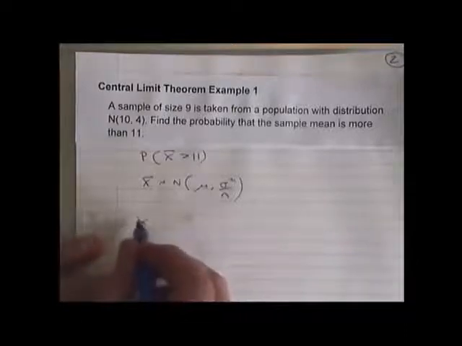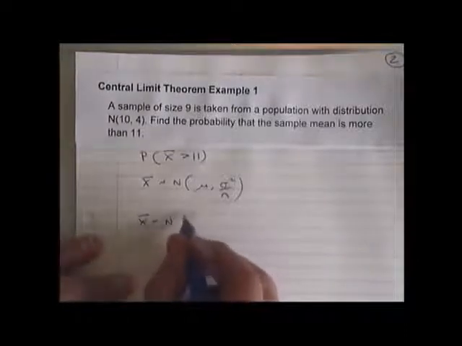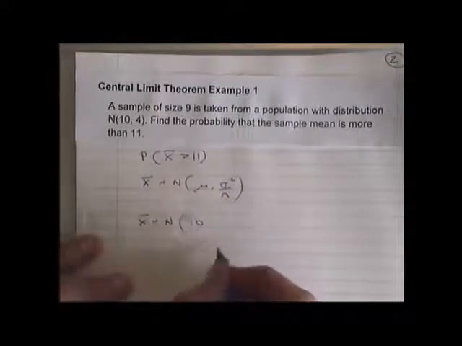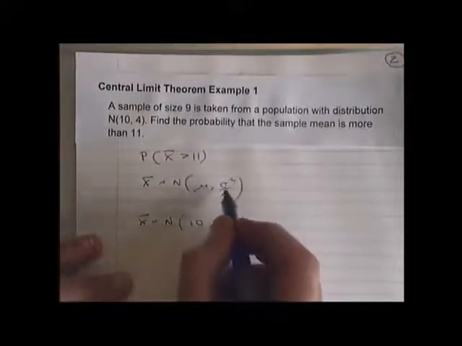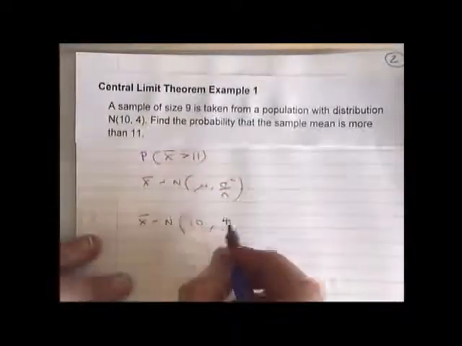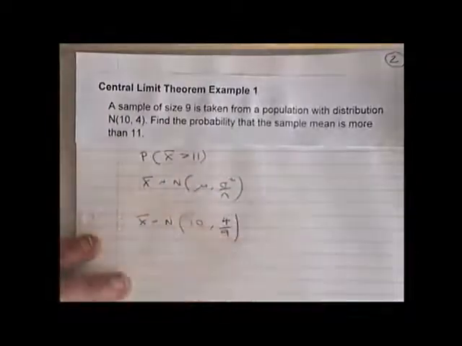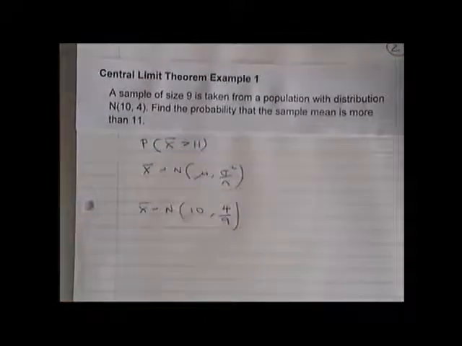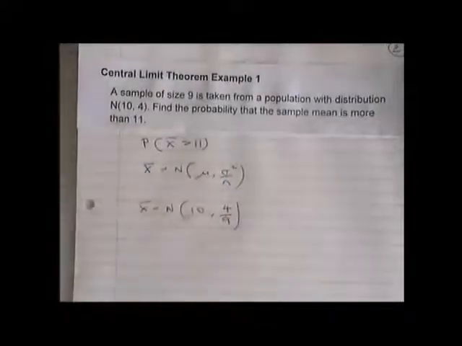In this question, x bar will be normal. Mu was 10 for the population, the sigma squared was 4, and I have a sample size of 9. So my x bars, my sample means, will be normally distributed. They will have a mean of 10, and they will have a variance of 4/9.